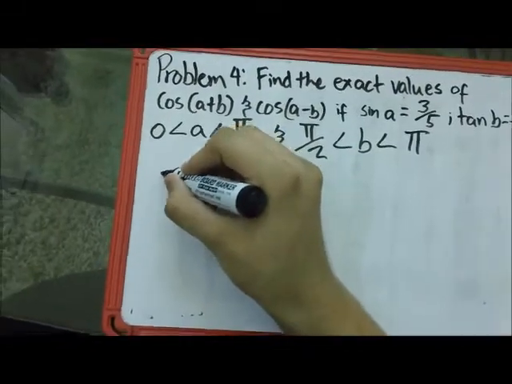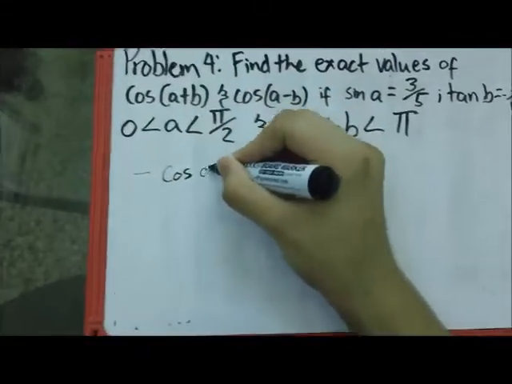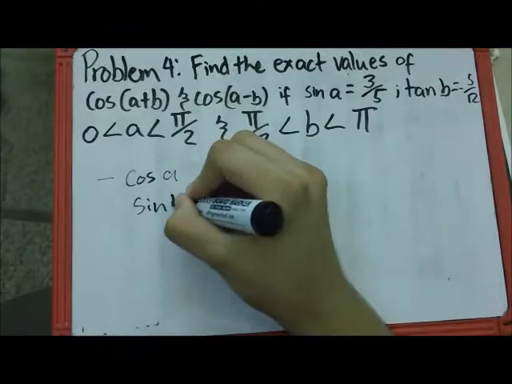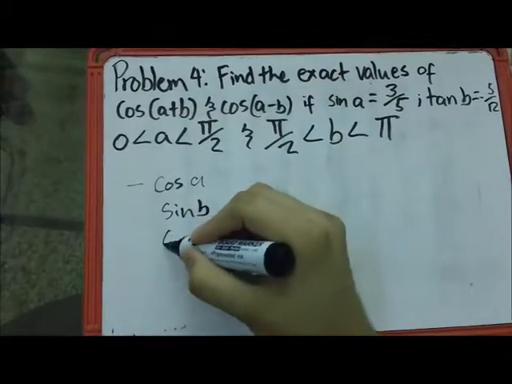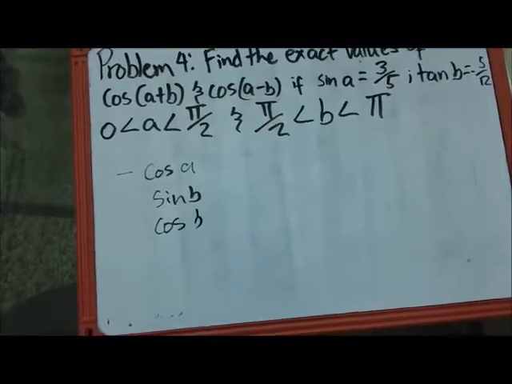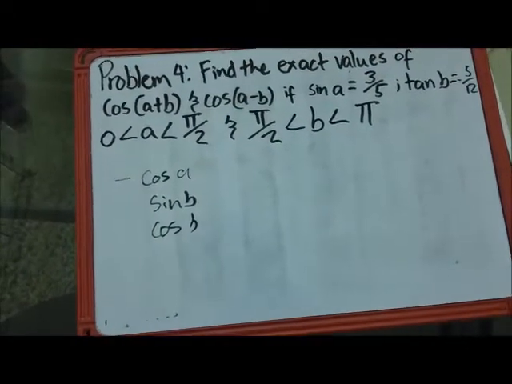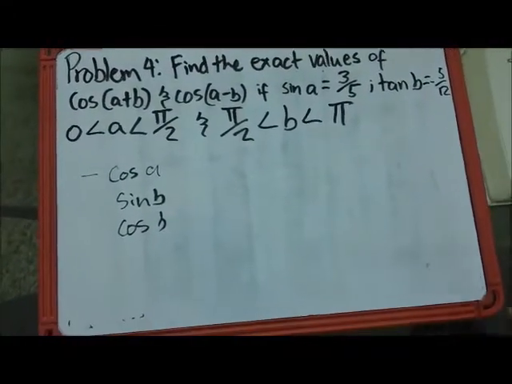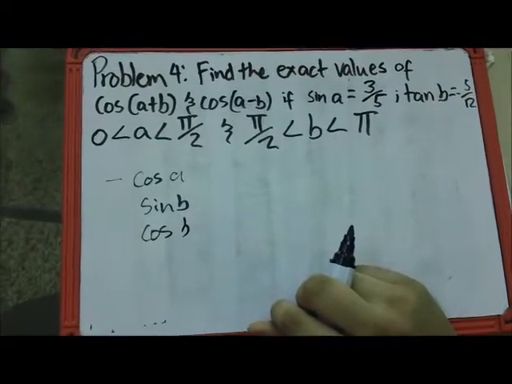First, we have to find the following values before we use the identities: cosine A, sine B, and cosine B. We have to find that before we use the identities for cosine.